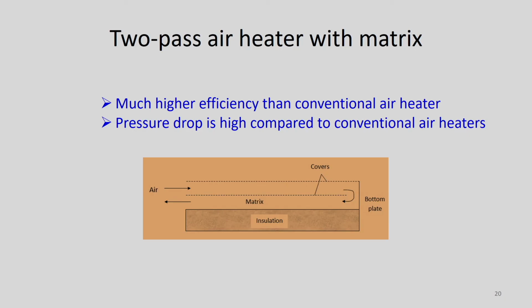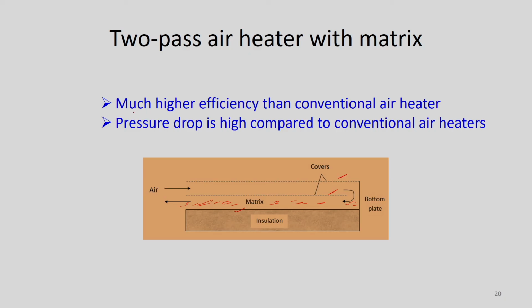So, there are some cases where this matrix can be used in a 2-pass air heater. Okay. So, this is some kind of matrix in order to increase the outlet temperature of the heated air. Okay. So, this has 2 glass covers, and then we have the matrix, right.